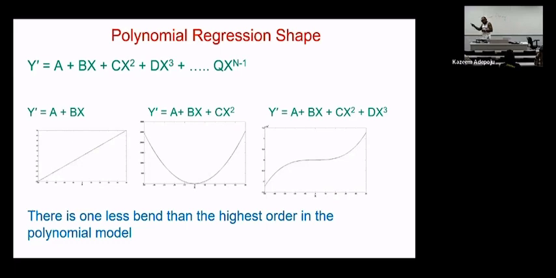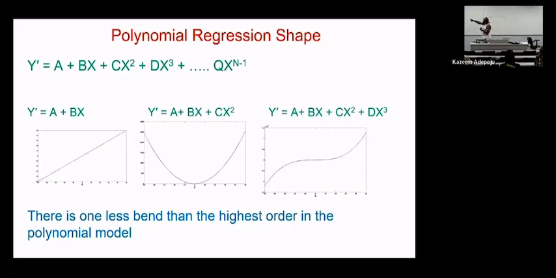That's a straight line. Then the number of bends in a straight line is 0. There's no bend. There's no curve. So a polynomial of degree 1 is linear. There's no bend. The number of bends equal to 0.